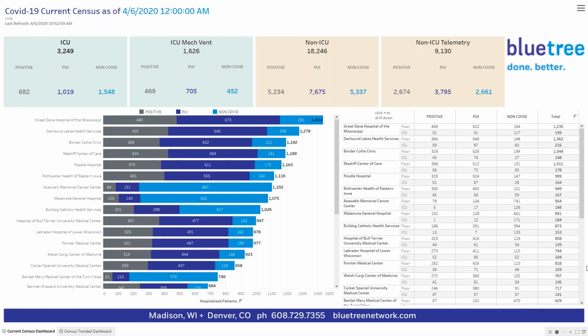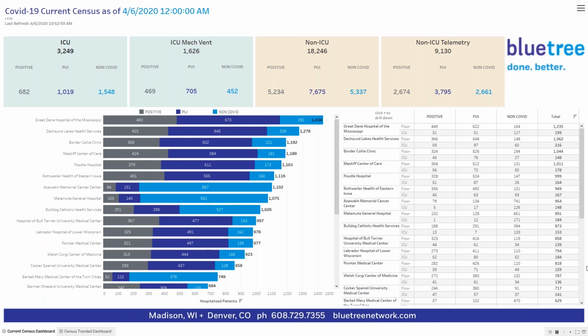Another question people ask is, how are we identifying our patients under investigation, or PUI? PUI can be defined in any way that your organization is currently defining it. Many places are currently using the lab tests to determine whether or not a patient is officially under investigation.